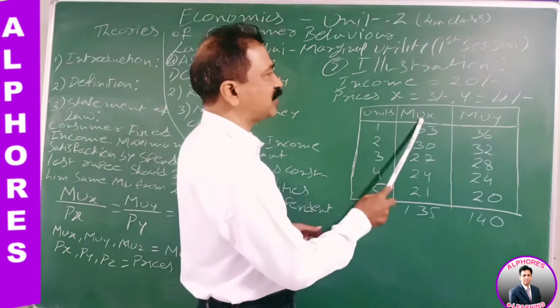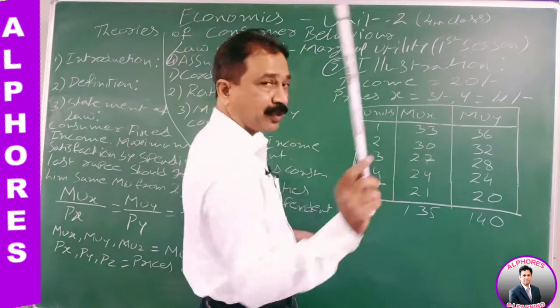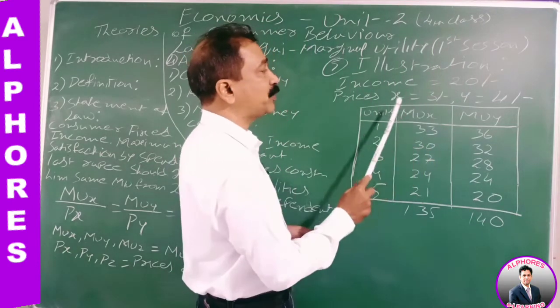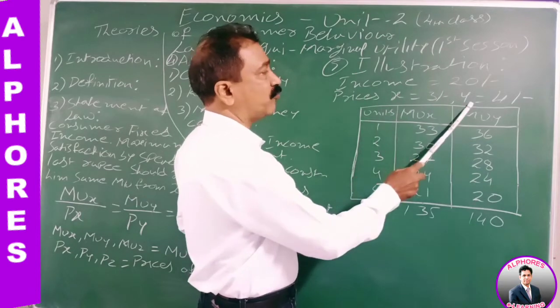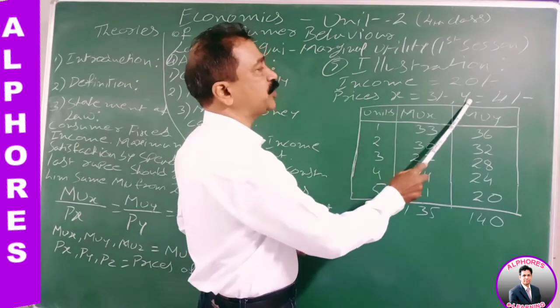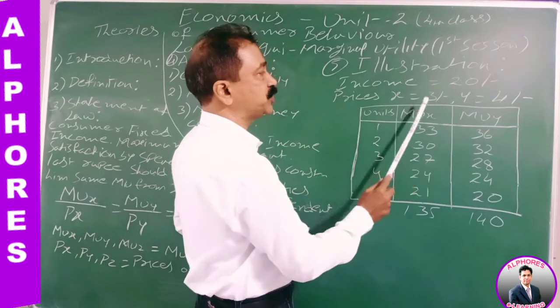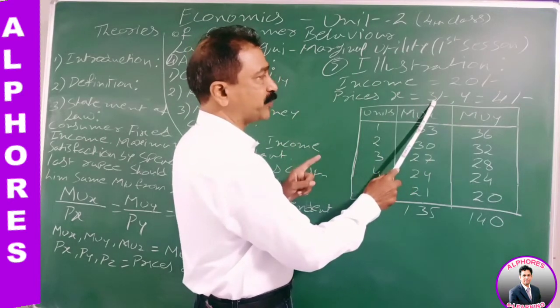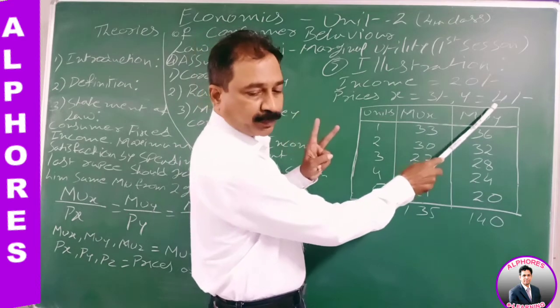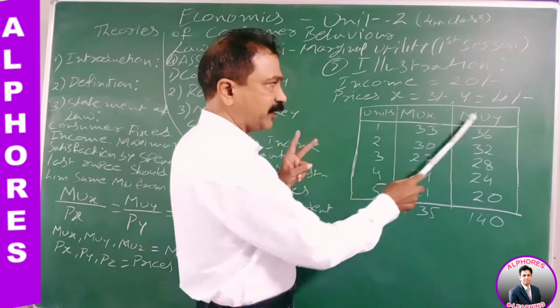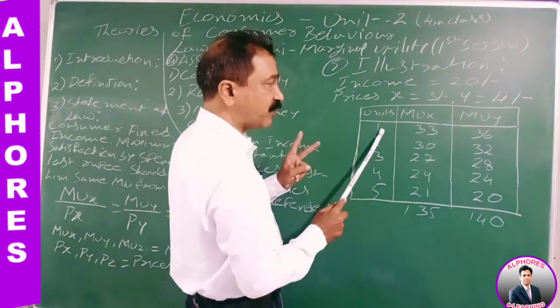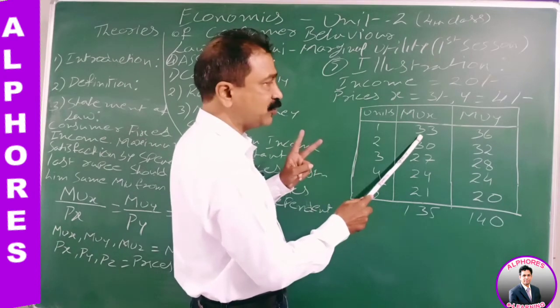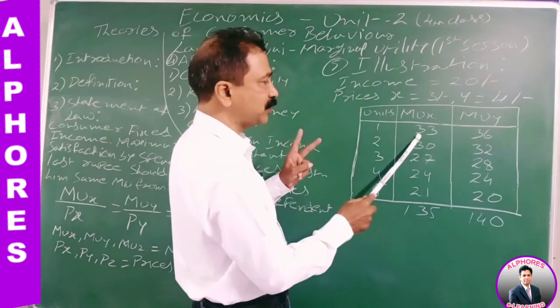With this, we can understand the income of the consumer is 20, and you want to purchase either X or Y. These are substitutes. X, 1 unit, you have to pay 3 rupees. Y, 1 unit, you have to pay 4 rupees. Clear? If you purchase 1 X, you will get 33 utils of satisfaction.